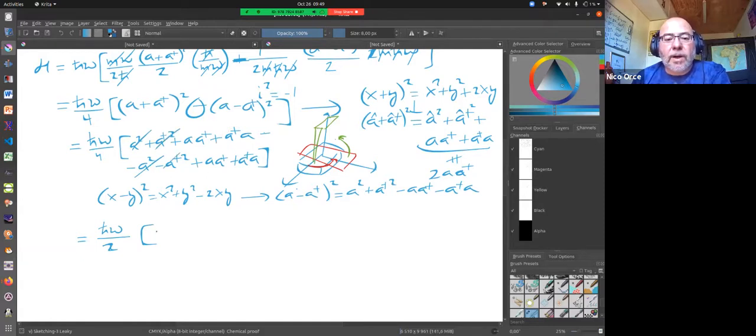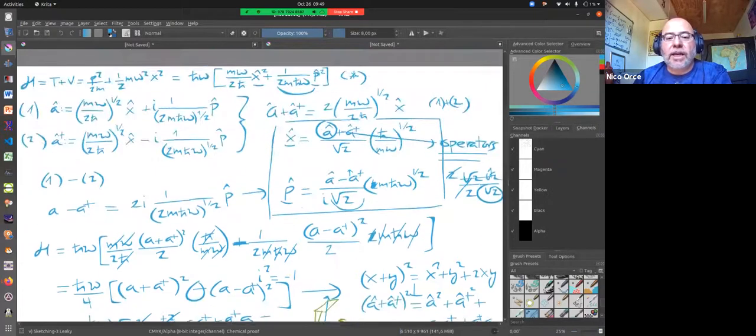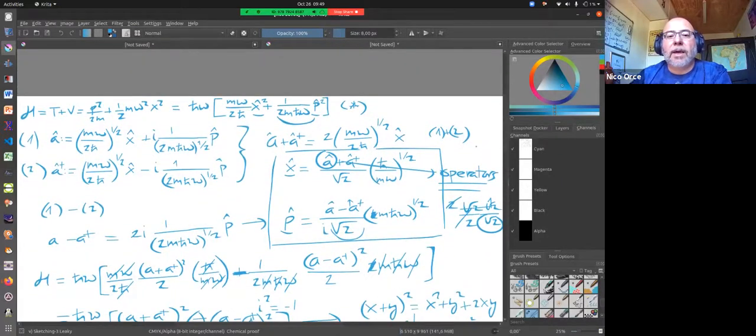And then we have 2 times a dagger a, which has been already converted here, 2 times a plus a dagger a. So we have removed this 4 and converted it into 2, because it was 2 times here and 2 times here, right? So this is the Hamiltonian. The Hamiltonian has been quite dramatically changed to something much simpler than whatever we had originally right here.